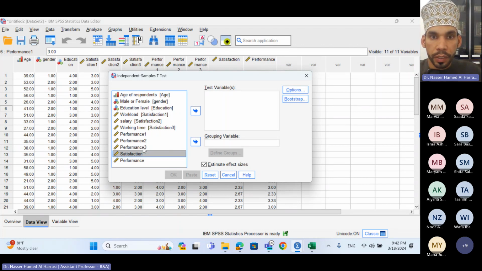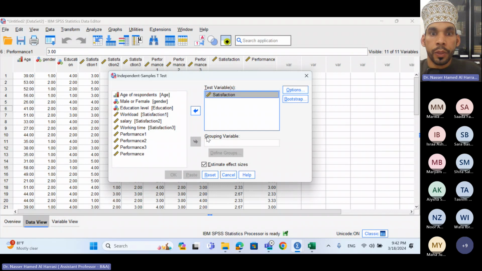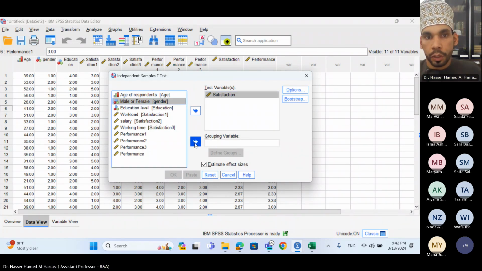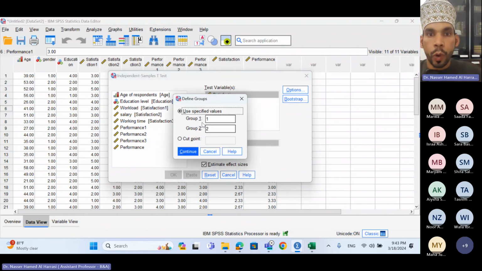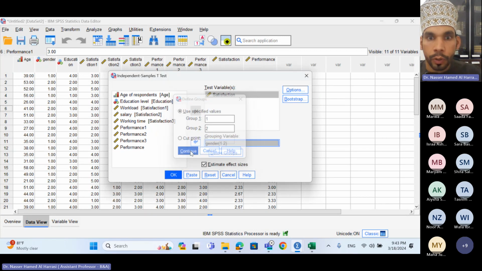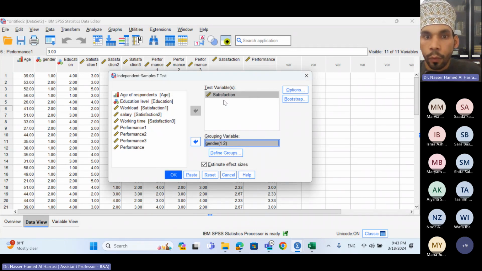So we are going to bring it here. Then here the grouping variable. We are having male and female. So we would like to bring them here. Here you will find question marks. That means we need to define the groups. Now, group 1 equal to 1. What is the 1 equal to? Female. 2 equal to male. Then we are going to click continue. Now, we will click OK.